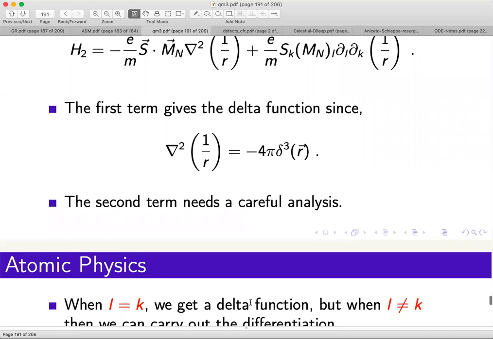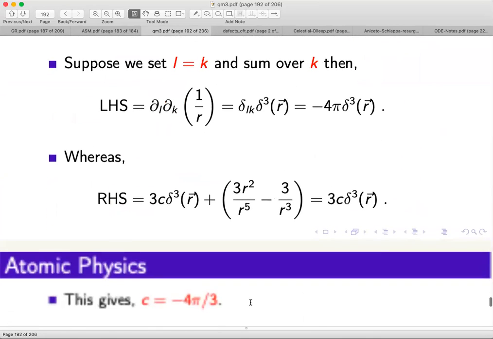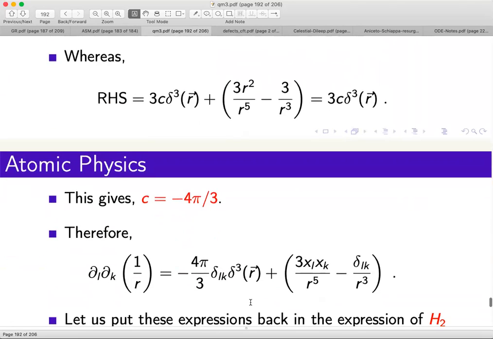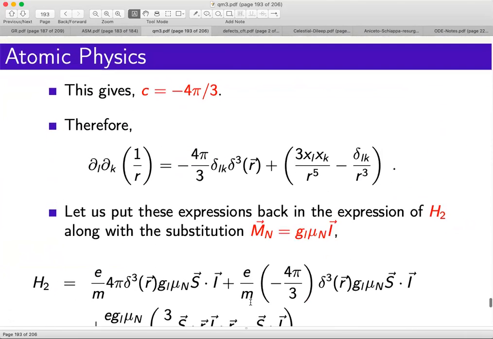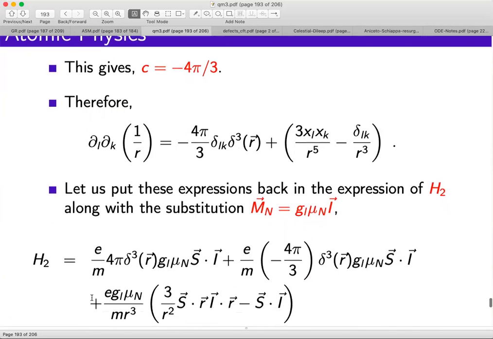So let's write down the entire expression now. Remember that we also have to substitute Mn equal to GL times mu n times the nuclear angular momentum. The first term that we had was a delta function, 4 pi factor, GL times mu n times S dotted with the nuclear angular momentum. That is the first term.